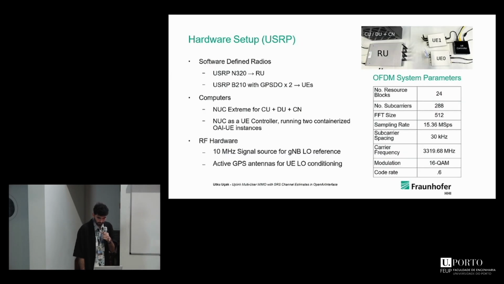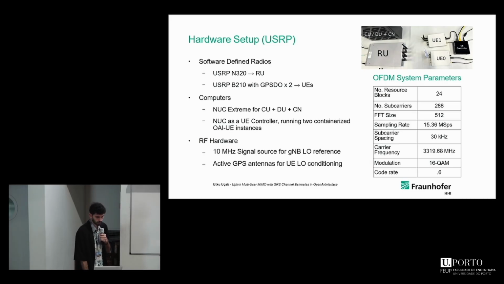Some more details on the USRP-based hardware setup: we use the N320 as the gNB and two B210s with GPSDO for the frequency stabilization. As processors, we had a NUC Extreme for running the gNB and another NUC for the UE controller.